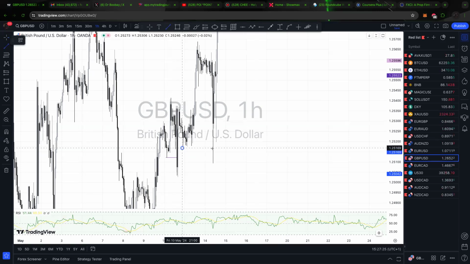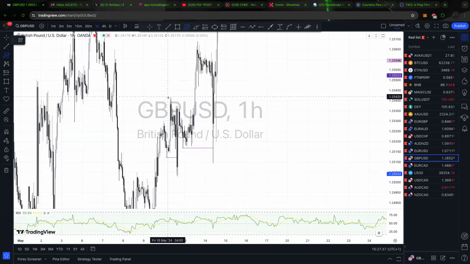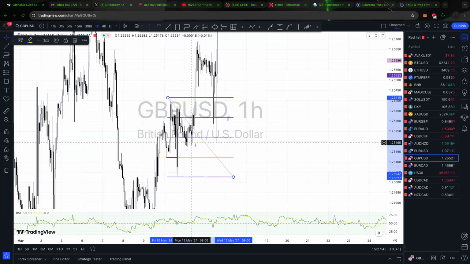And if we put a measure to this, pulling down to that sweep, we will know that our structural liquidity formed in the right spot, below the 50%. You can see it right there between the 50% and the 75%, so we are very correct to take that trade.